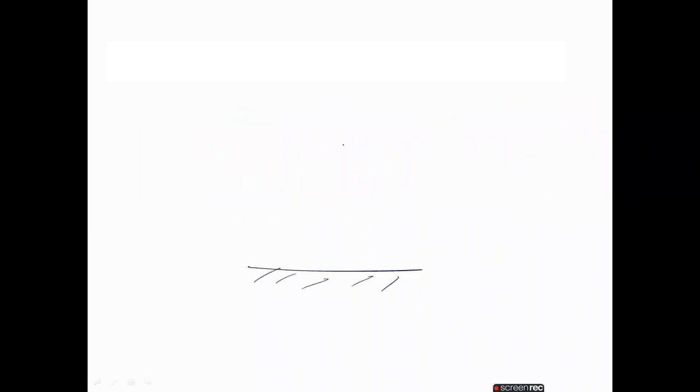So this is the fixed end, and if I consider here, this is A and this is B. When load is acting like this, what happens? It will curve like this. So this is the deformation or deflection.